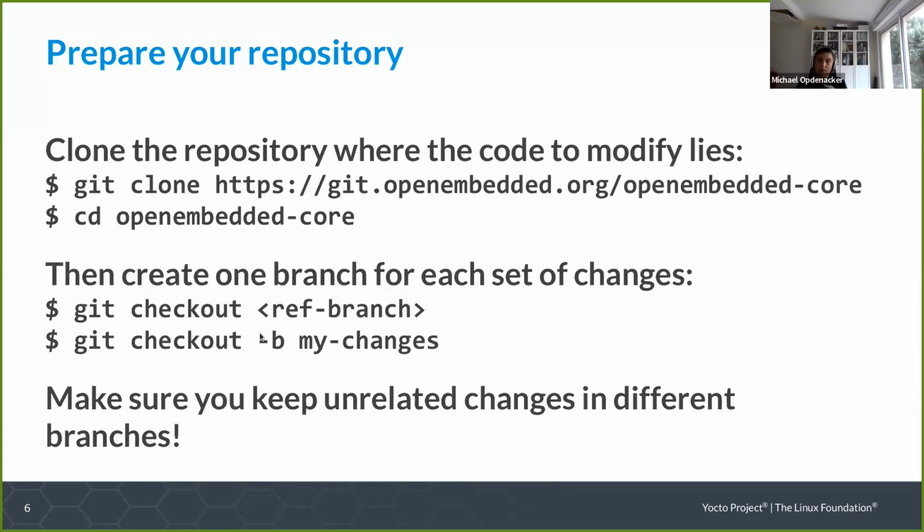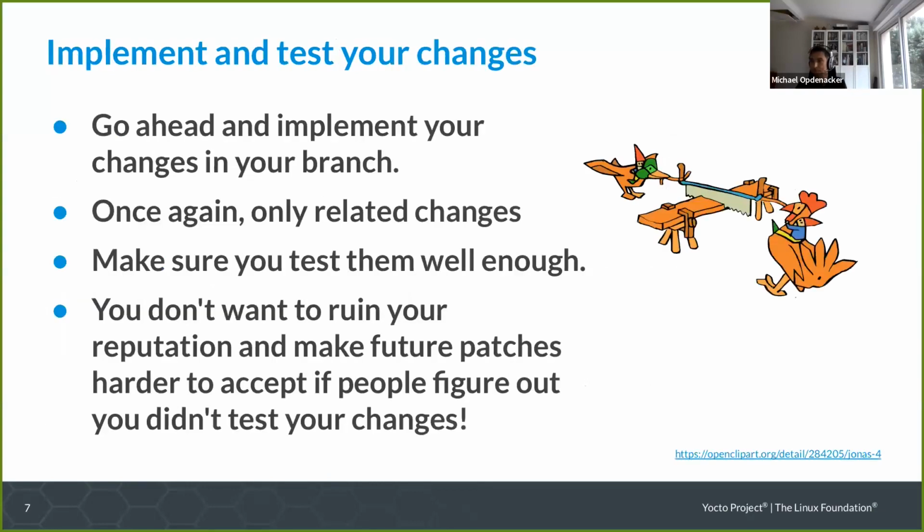That's quite important. One branch per set of changes, right? And make sure you keep unrelated changes in different branches, of course. Don't mix them up. That will make things easier to work on. And then you can go ahead and implement your changes in your branch. Once again, only the related changes at a time.